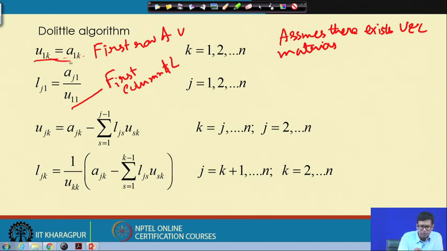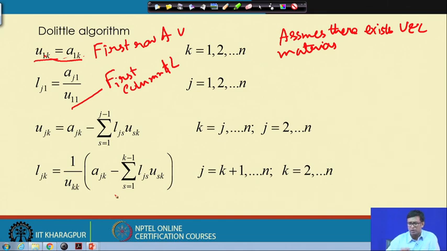The first row of U is nothing but the first row of A, and the first column of L comes by dividing the first column of A by the first element of U, the diagonal element of U. Similarly, it goes on getting the next rows of U using the first column of L and first row of U, and forms the second row of U, and then it forms the second column of L, and so on.